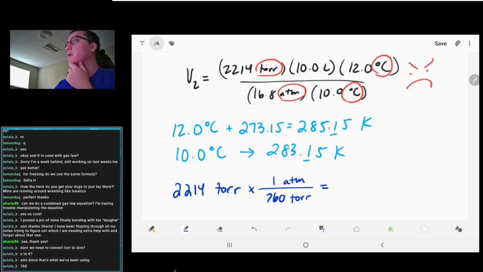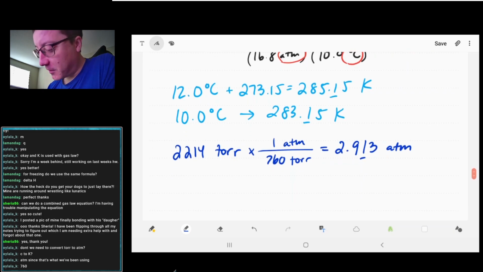So doing this, 2214 divided by 760, looks like that is 2.9 atmospheres. Okay, so now we have all our units. Either they're the same unit or they are not using Celsius. So now we'll be okay.